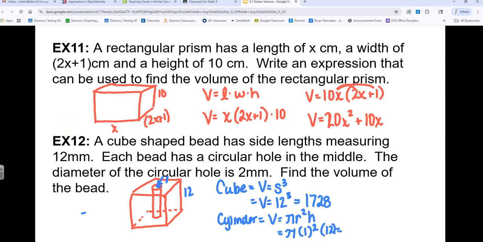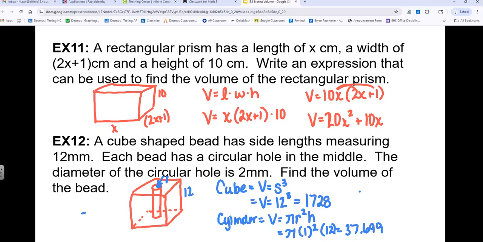So if we do pi times 1 squared times 12, we will get 37.699. So we have this cube that has this volume. We are subtracting out the cylinder.